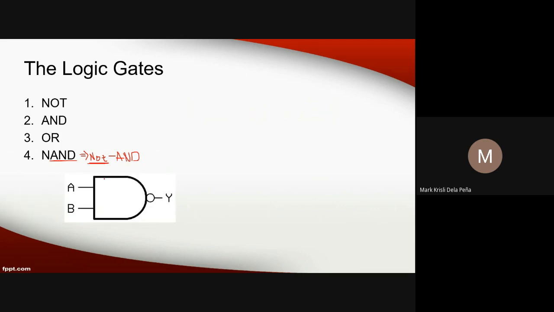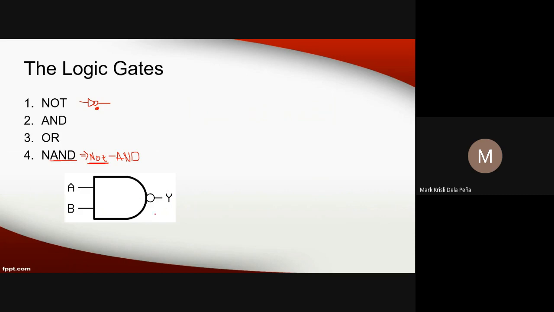So the symbol for a NAND gate is an AND gate which has a bubble. This is a symbol for negation. Commonly, the bubble is the symbol for negation. If you recall the symbol of NOT, you have a bubble at the tip. If you see gates, inputs or outputs which have a bubble, that means those are being negated. We have here A and B, for example, as our input variables.